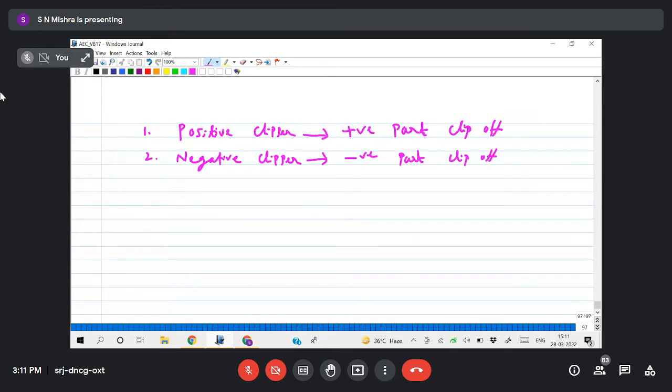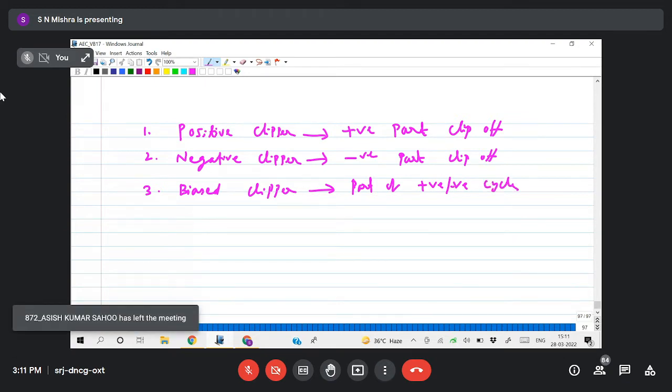Another one is the biased clipper. We'll see individually. Biased clipper means it does not fully clip a half cycle, positive or negative. It will clip part of the positive or negative cycle.